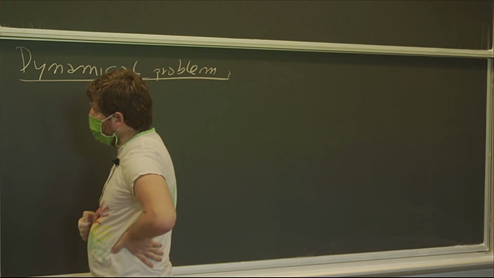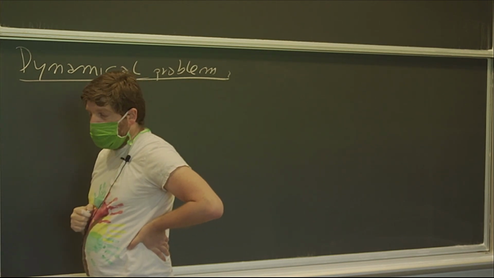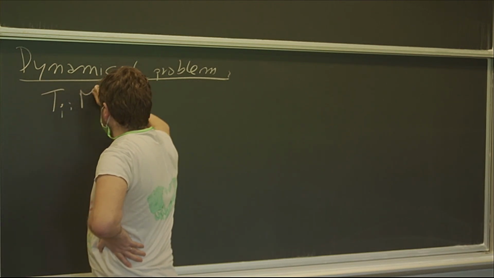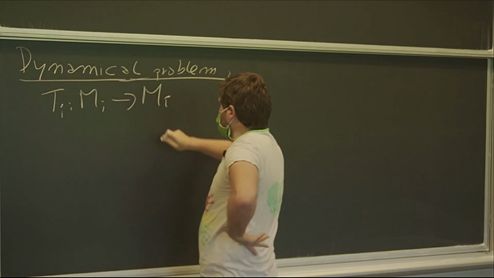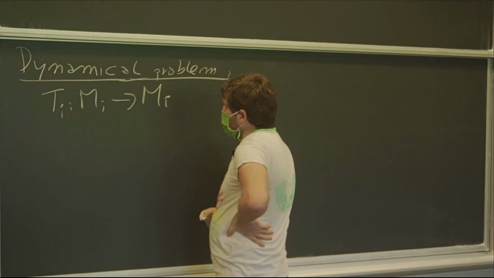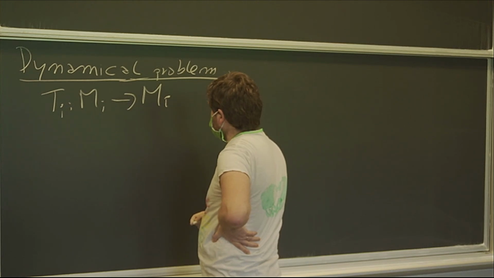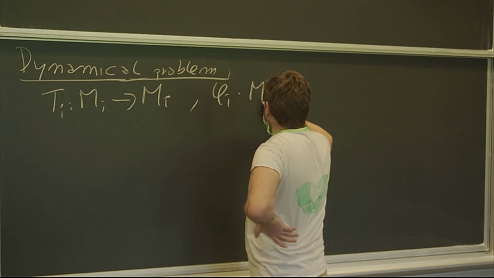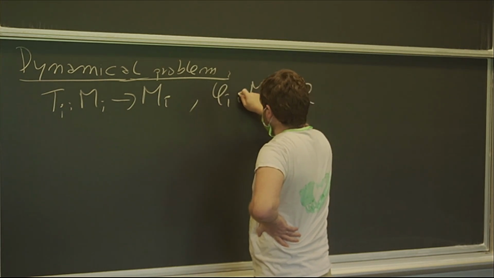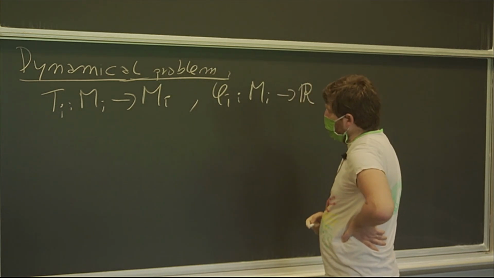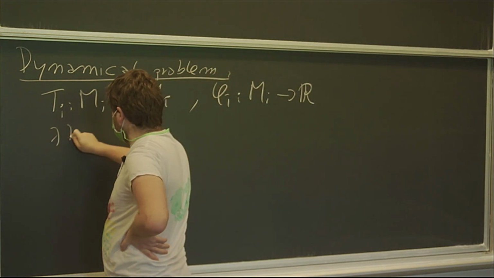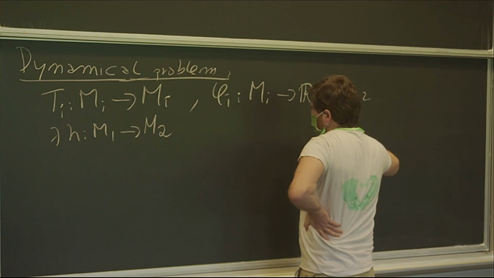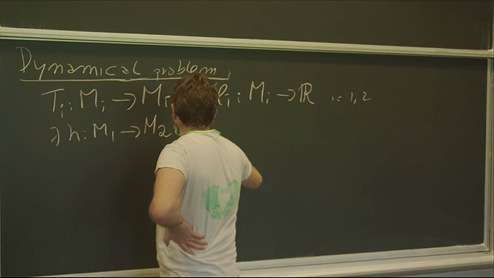So I will completely switch the setting, and now I will be having two transformations, Ti from Mi to Mi, and two maps, phi i from Mi to R, and I will assume that there exists H from M1 to M2. So here i is 1 and 2, and H is a conjugacy, so this will be a homeomorphism.